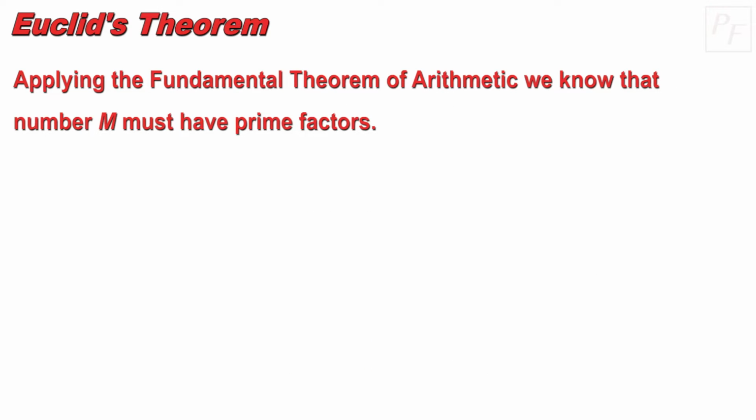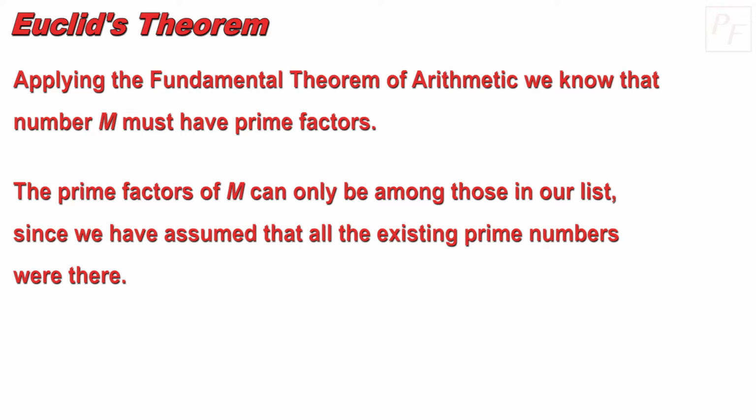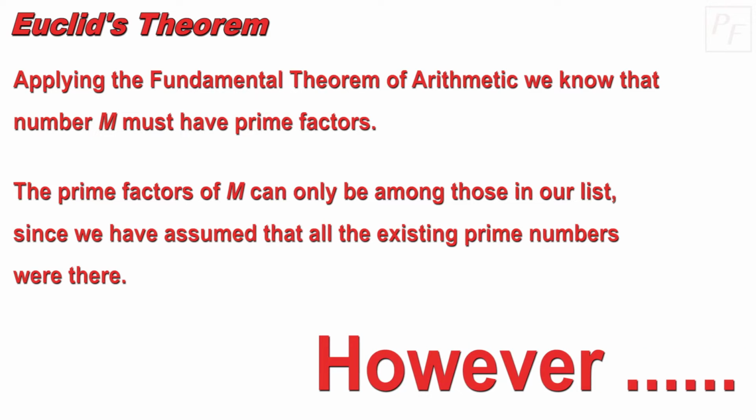Applying the fundamental theorem of arithmetic seen before, we must be able to decompose m into prime factors, forcibly. These prime factors can only be among those in our list, because we drew from the fact that there were no more, correct?